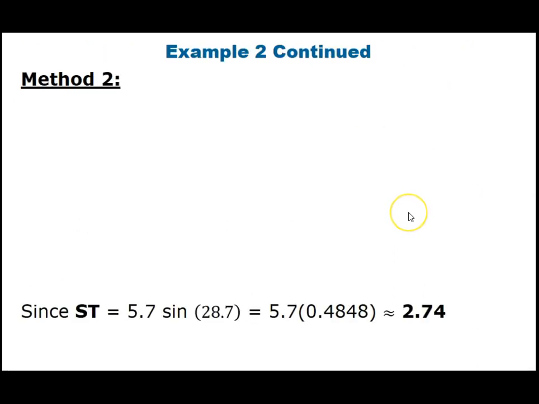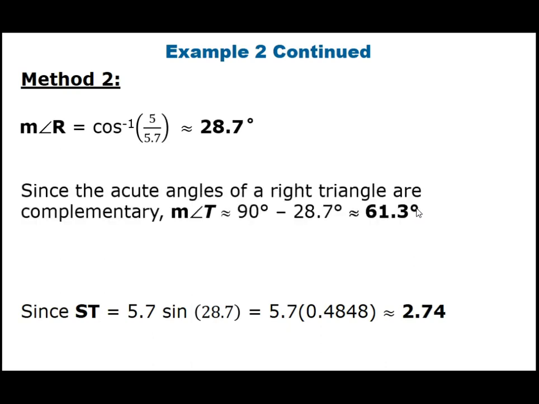Okay, so our next method for doing this is to just use sine and cosine. Here again we found the cosine of the angle, and we can then subtract that again from 90 degrees and get 61.3, and then we can use a ratio to find the third side.